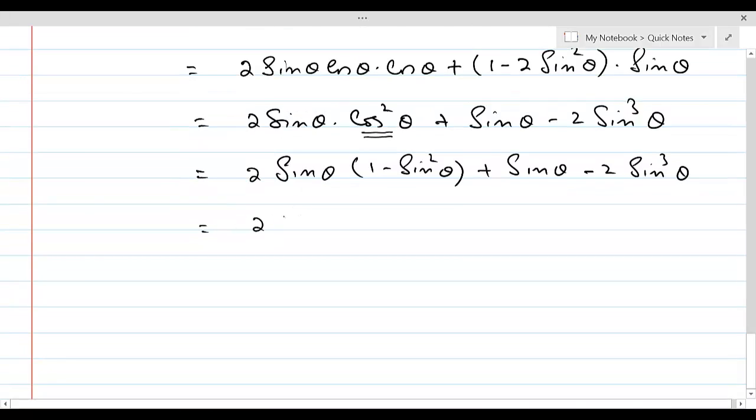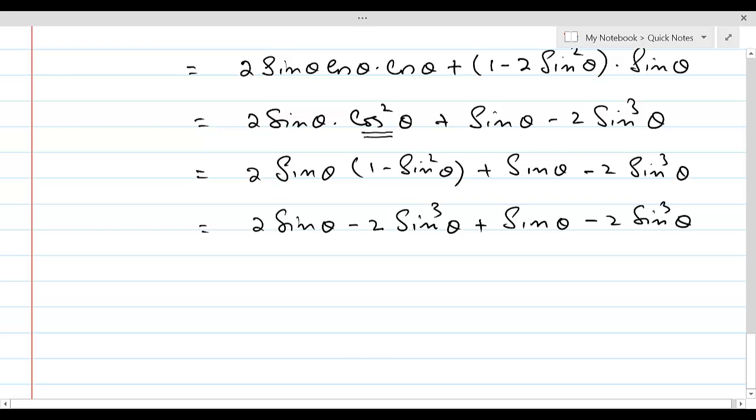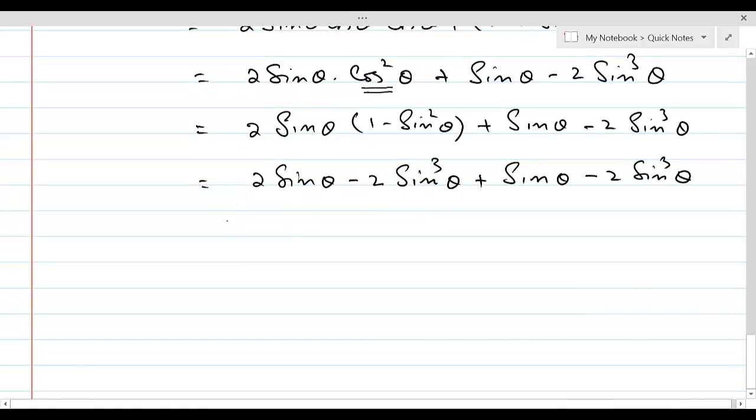So this is 2 sine theta minus 2 sine cube theta plus sine theta minus 2 sine cube theta. And now adding up the like terms, this will be 3 sine theta minus 4 sine cube theta, and this is exactly what we wanted to prove on the right hand side.